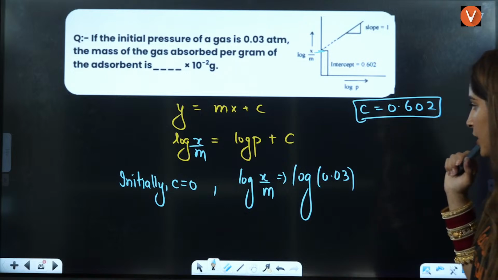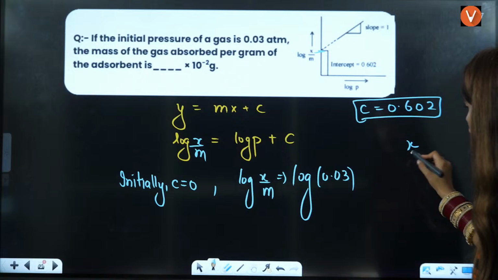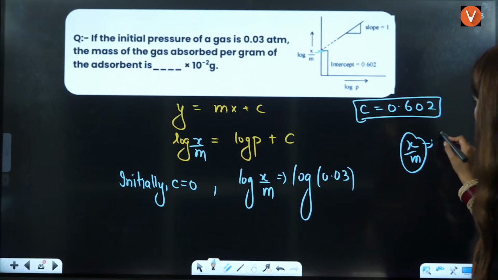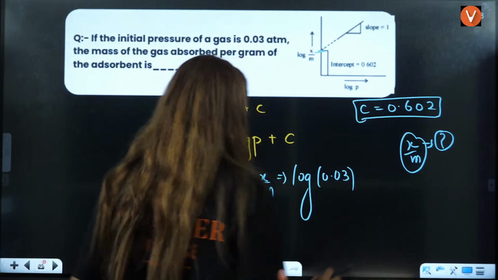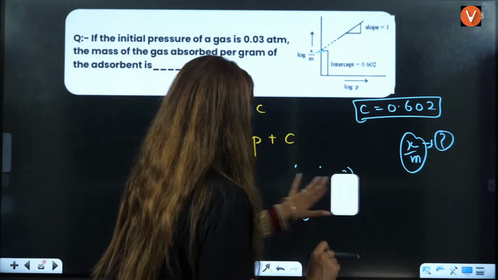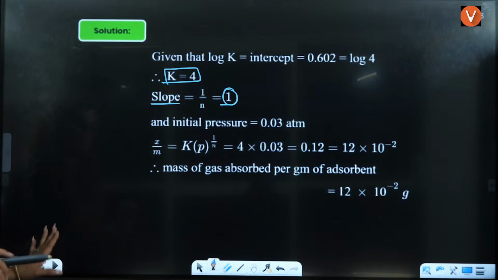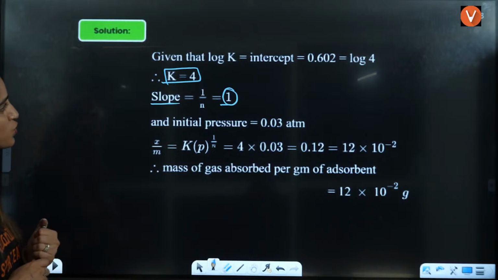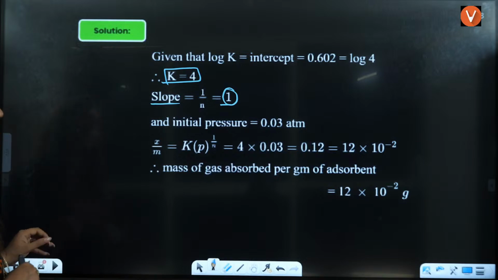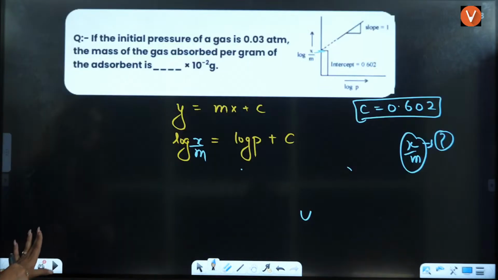You want to know the value of x by m, that is going to be your answer. To solve the value of log x by m, initial pressure they have given to be 1, slope is equal to 1.